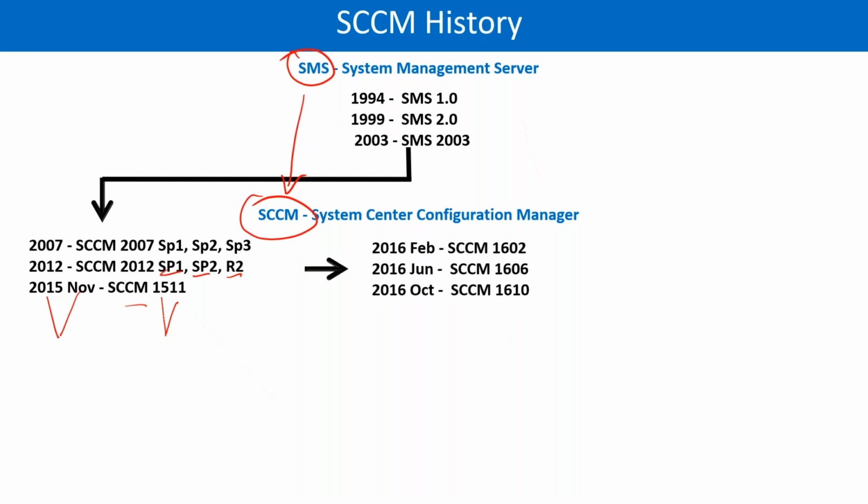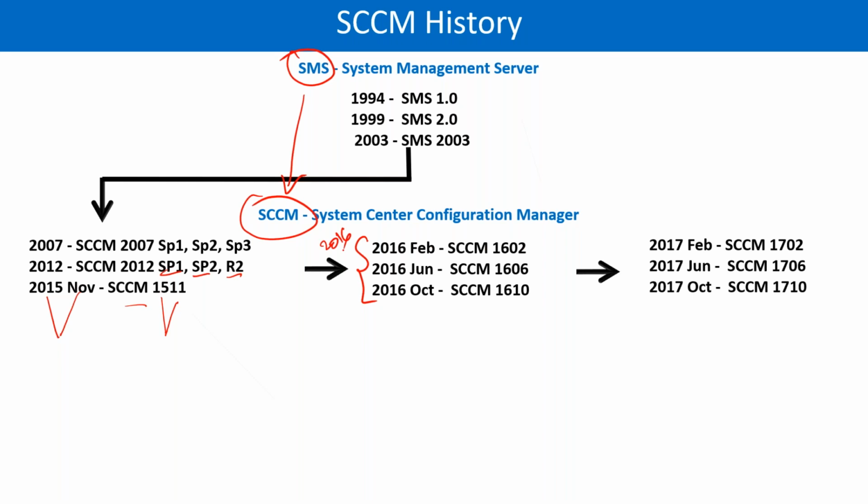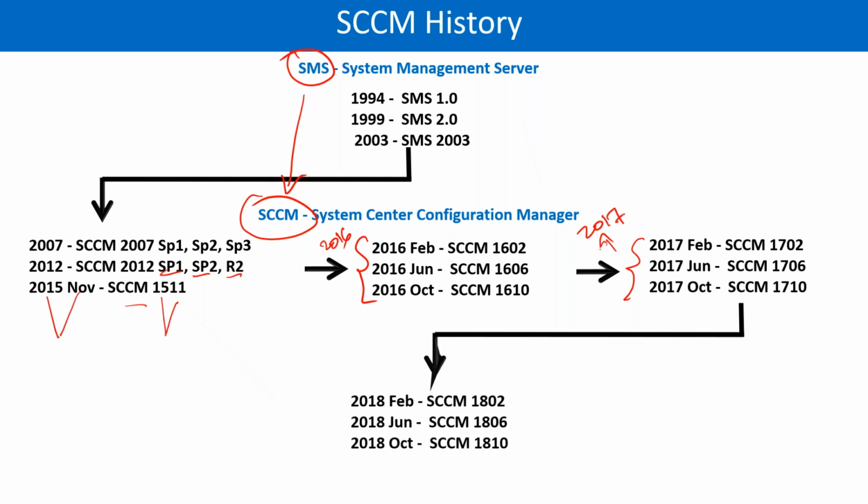Then in the year 2016, these are the 3 versions released. Then in the year 2017, these are the 3 versions released. Then these 3 versions were released in the year 2018. You see, 1802 means February, 06 is June, and 10 is October.